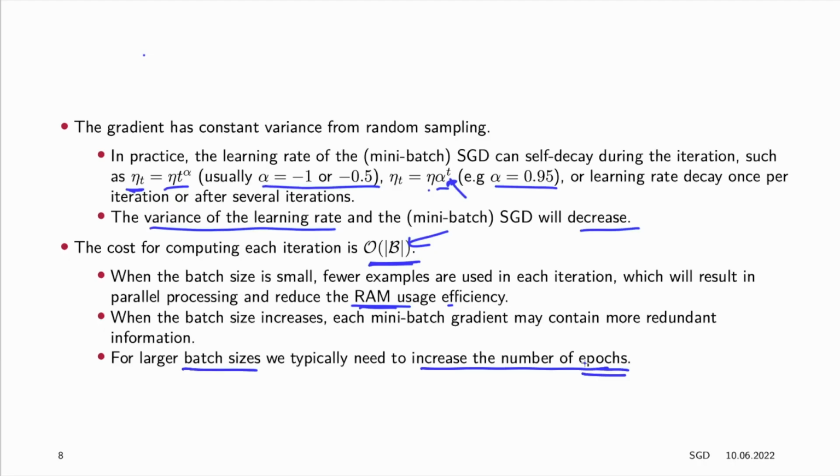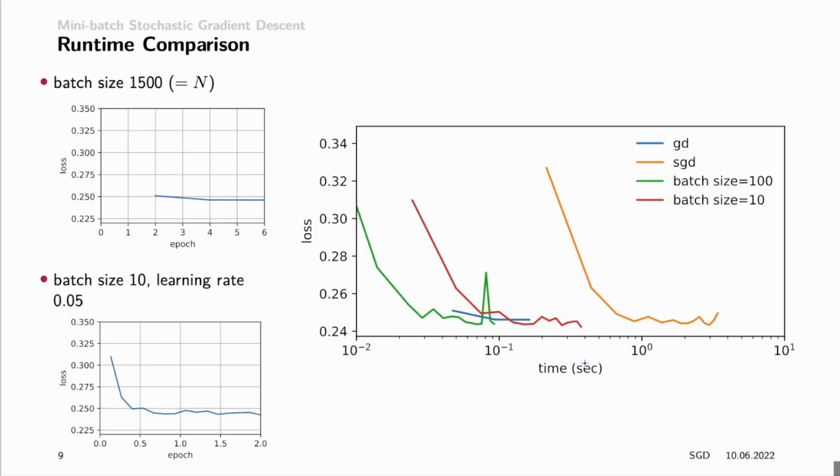And well, if you do larger batch sizes, you do fewer iterations per epoch, and because larger batches have this little bit of redundant information, you might need to do more epochs. So let's look at some runtime comparisons between stochastic gradient descent for different batch sizes.